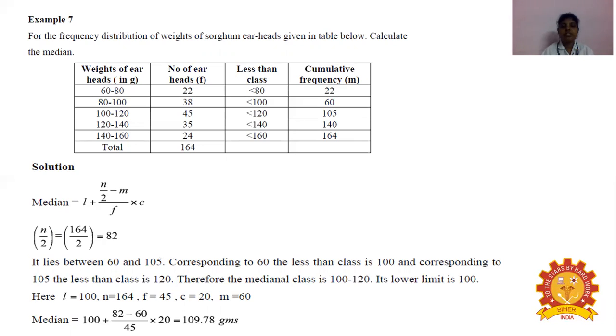Next column, frequency: 22, 38, 45, 35, 24. Total number of frequencies is 164.